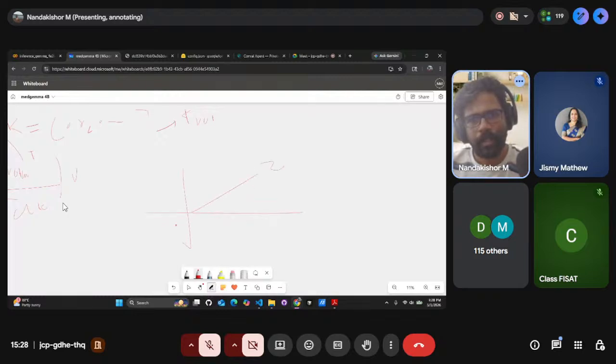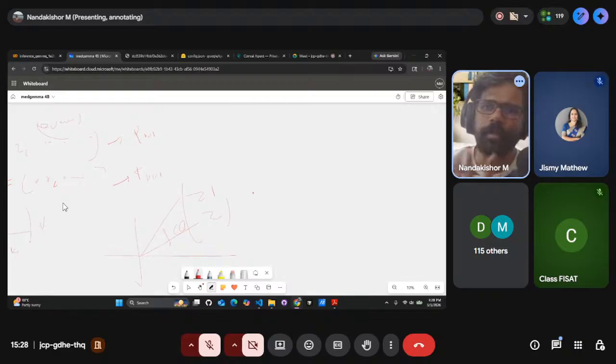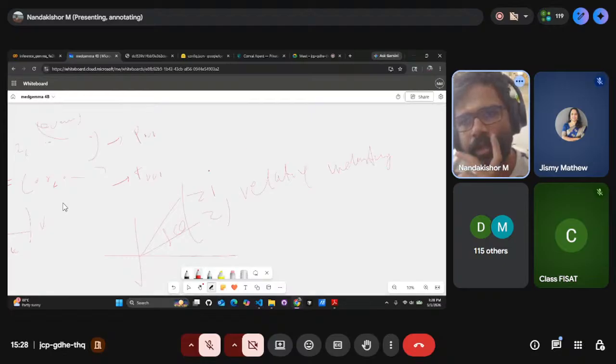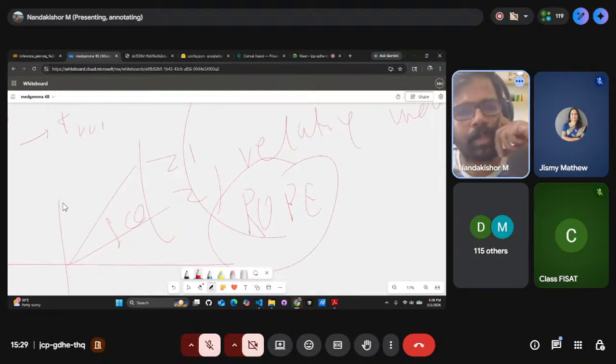z to an angle theta, z dash, and we get a more in-depth relative understanding when you apply softmax. These are actually proven. So this is what we call rotary positional encoding.